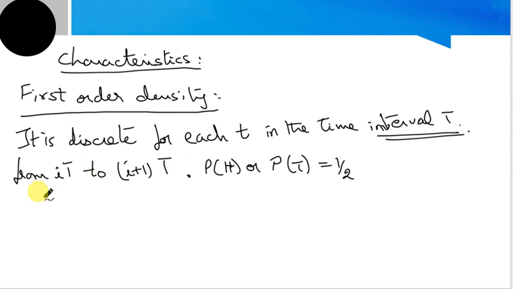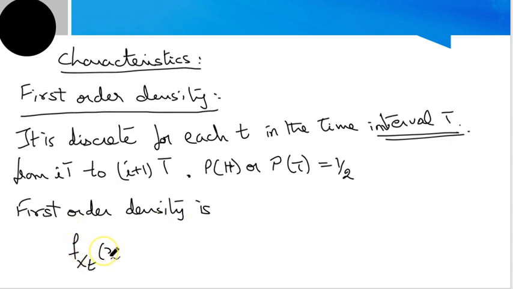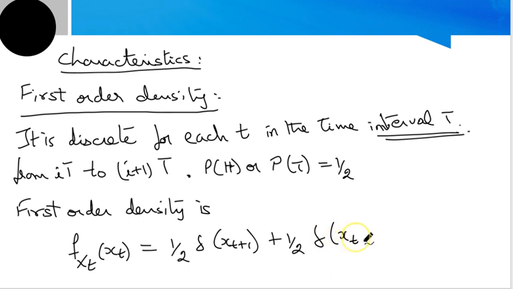So the first order density is given by f of x(t) of x(t) equal to half into delta of x(t) plus 1 plus half into delta of x(t) minus 1.